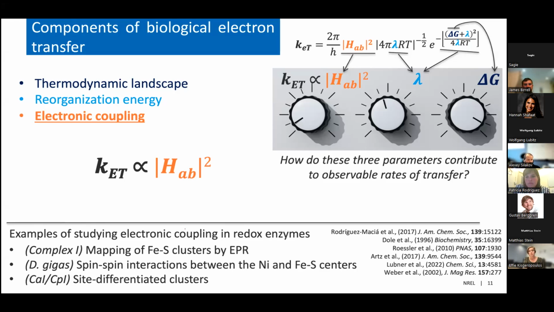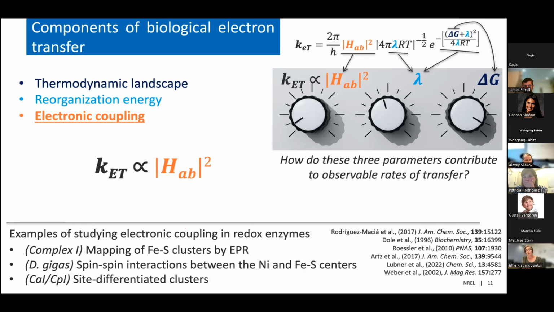In the iron-iron hydrogenases, there has also been work done by Patricia on the DD organism and the CA1 and CP1 iron-iron hydrogenases that have four of those accessory iron-sulfur clusters, as an example of a more complex electron relay.